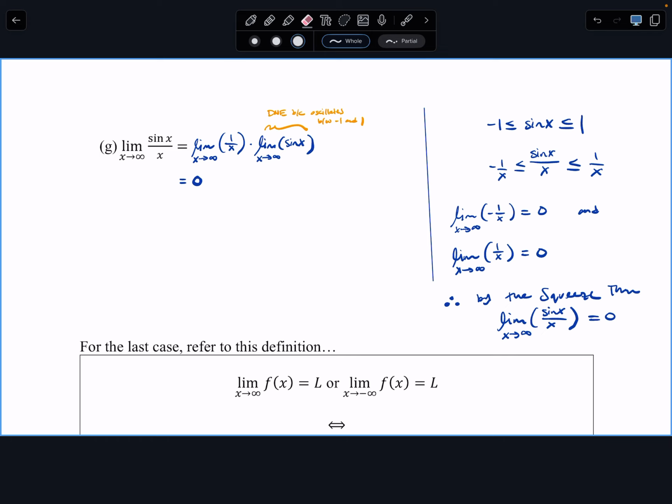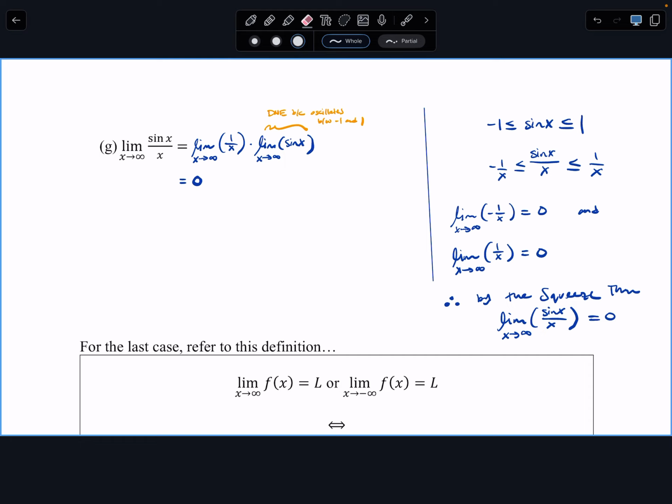A horizontal asymptote I refer to as an end behavior asymptote, right? It describes end behavior. So a function can cross a horizontal asymptote because it doesn't mean anything in terms of discontinuity. All it means is that the function is kind of looking like a horizontal line if you were to zoom out on the graph.